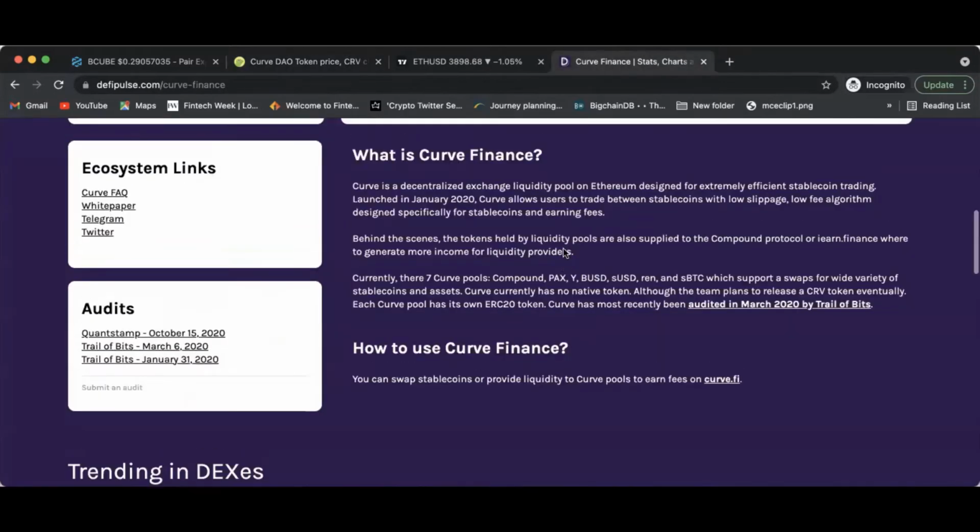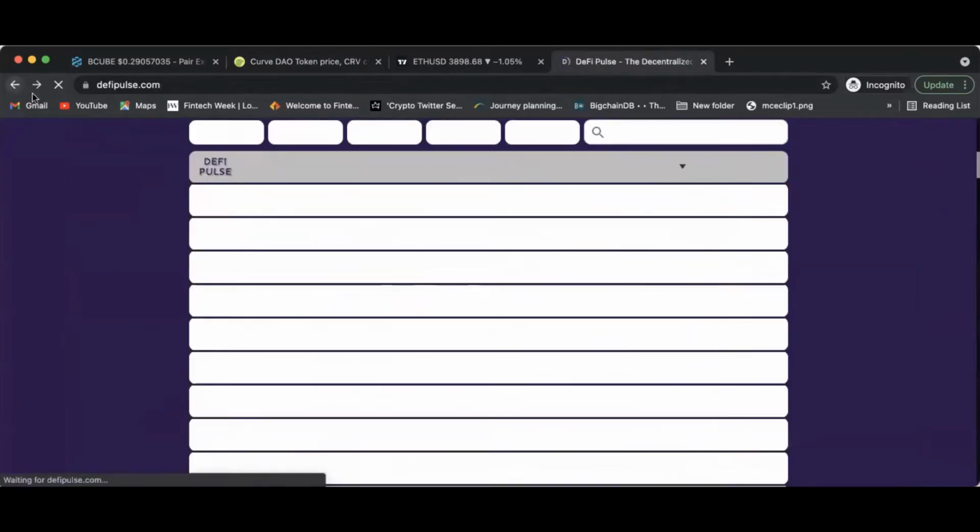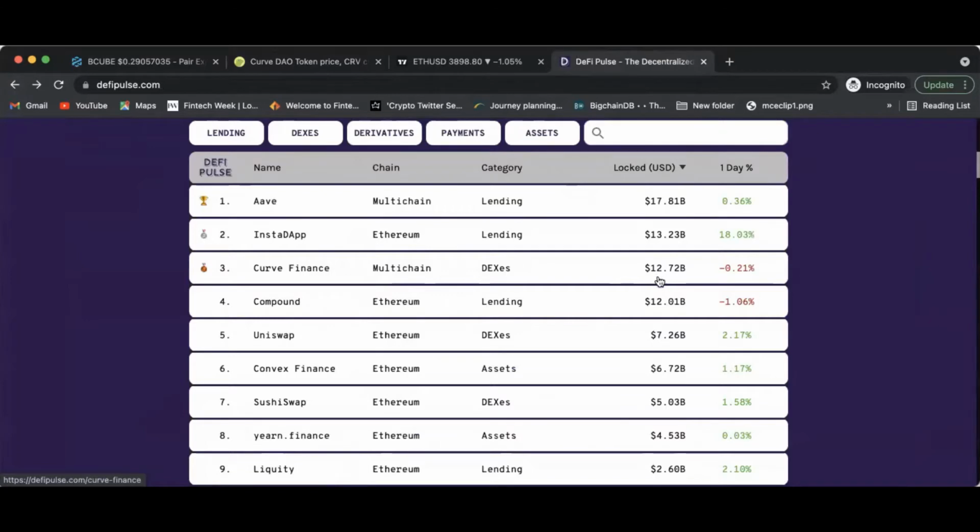But if you see their TVL, which is total value locked, it's like $12 billion. So they're having, understand this, a TVL of 12 times their market cap, which is very, very attractive for me.